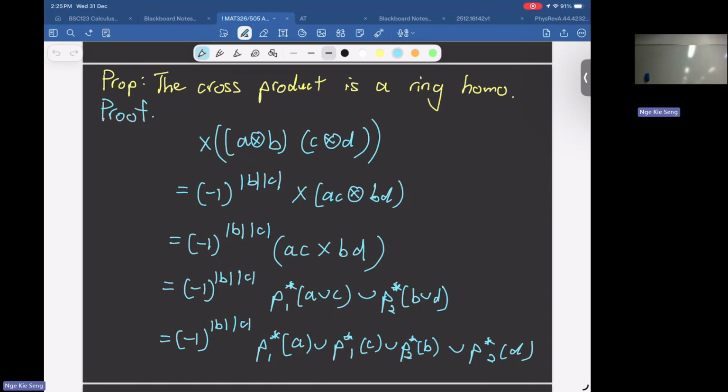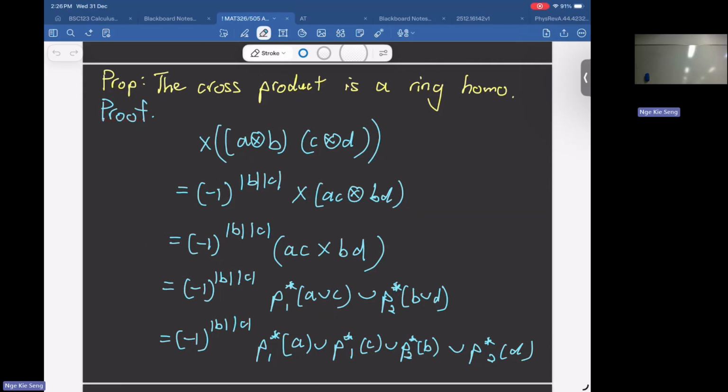So you apply the cross product to the product of things, then you take the products like what we found here, and then the cross of AC with BD is just AC cross BD by definition. But what is that? We apply the projection maps to them. But remember the cup product is functorial, so we can split it up.